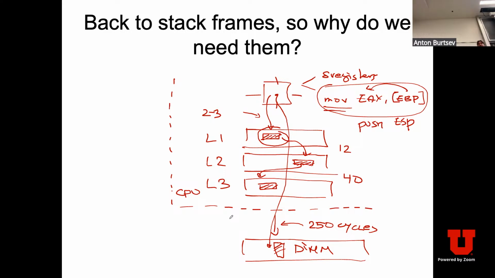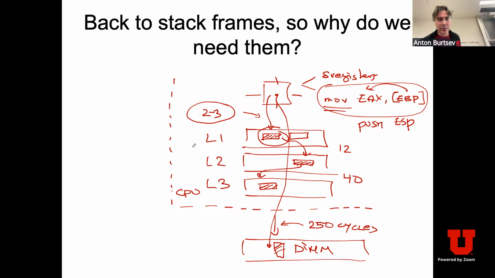It's the very first access to the stack. Then you pay the price of 250 cycles, go to memory, but then it gets cached in the caching hierarchy. And so the second, third, fourth access get amortized, and there is a high probability that a push instruction will find the cache line in the first level cache. Does it make sense?